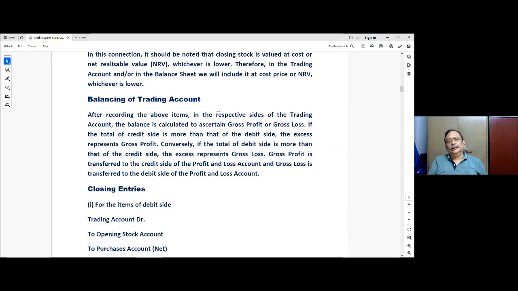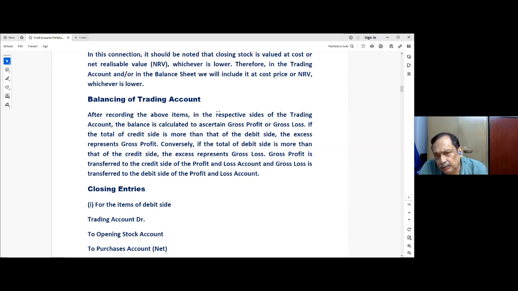Then comes balancing of trading account. After recording the various items as I have discussed in respective sides of the trading account, the balance is calculated to ascertain gross profit or gross loss. If the total of credit side is more than that of the debit side, the excess represents gross profit.